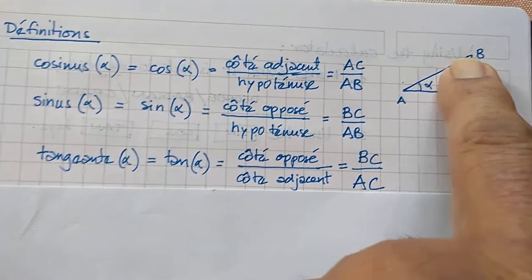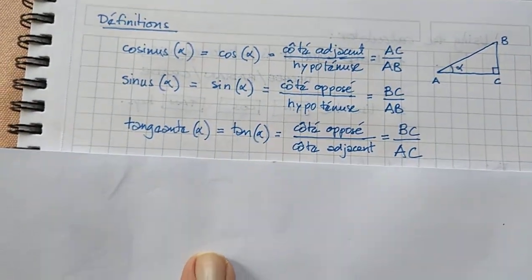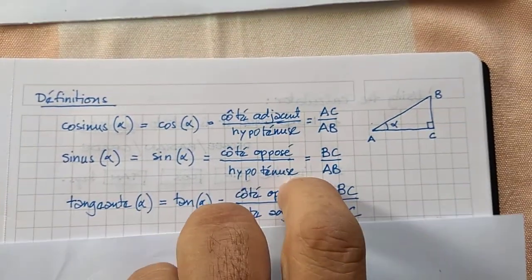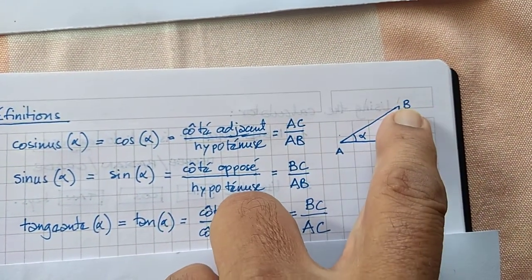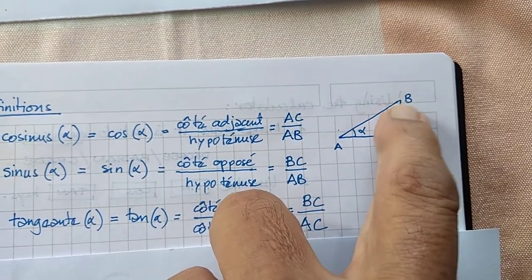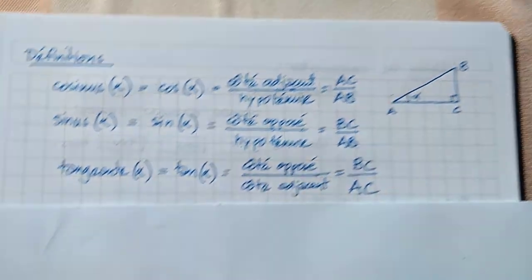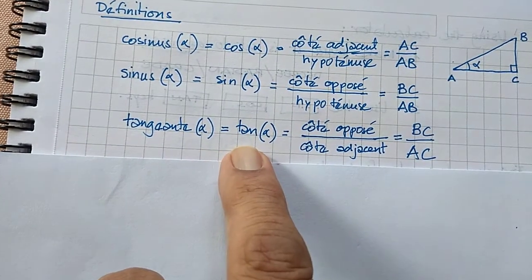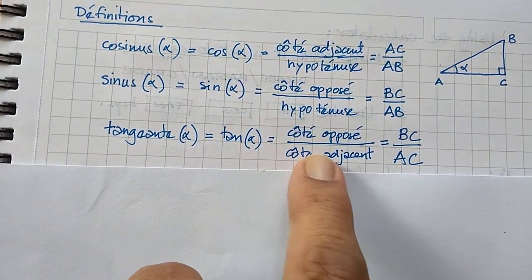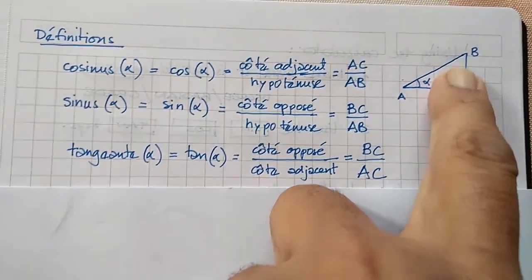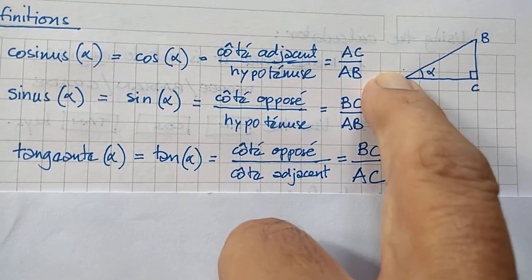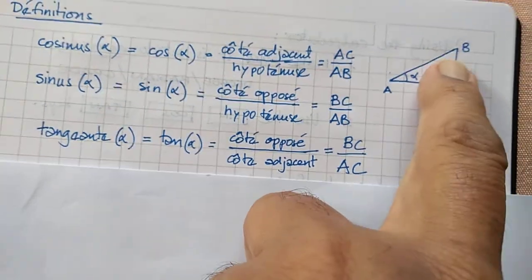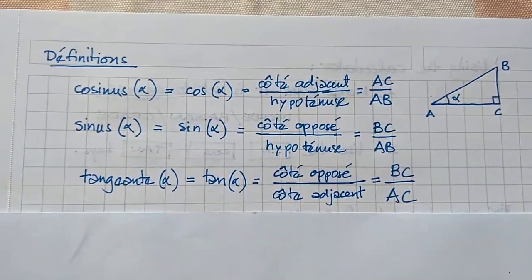AB is the hypotenuse. And the third ratio is between the remaining two sides. We have taken this over this, we have taken this over that, and now we take this over this. So tangente alpha, aussi dit tan alpha, est égal à côté opposé sur côté adjacent, BC sur AC.